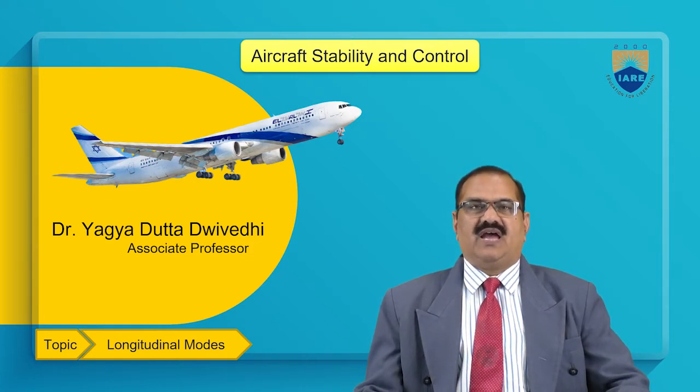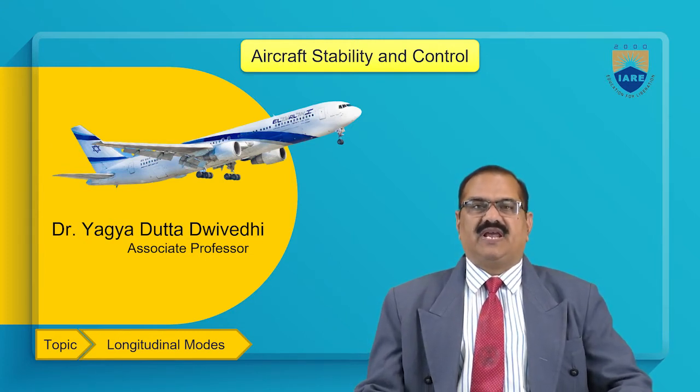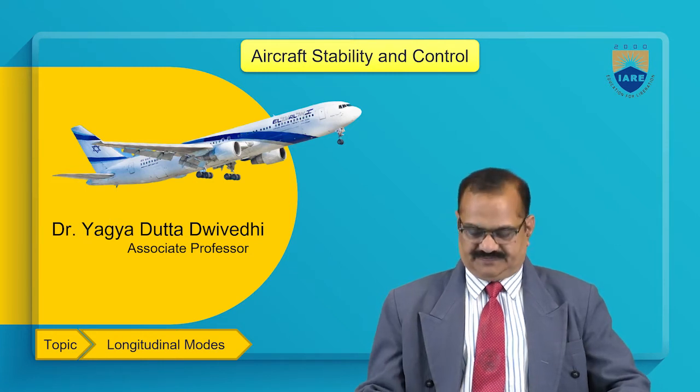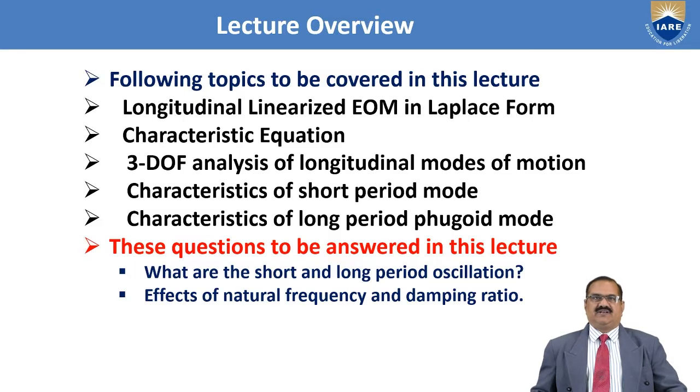In this, I am going to discuss longitudinal modes which are related to the aircraft dynamic stability. In this lecture, I am going to cover these topics: longitudinal linearized equation of motion in Laplace form, characteristic equations, 3 degree of freedom analysis of longitudinal modes of motion, characteristic equation of short period mode, characteristic equation of long period Phugoid mode.